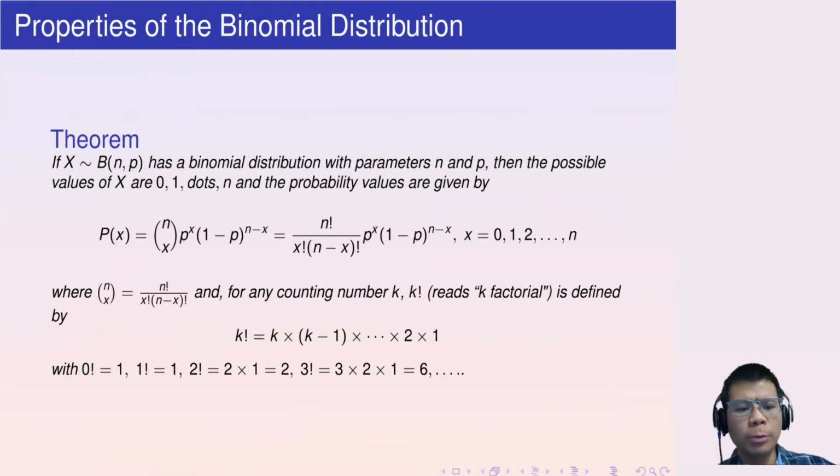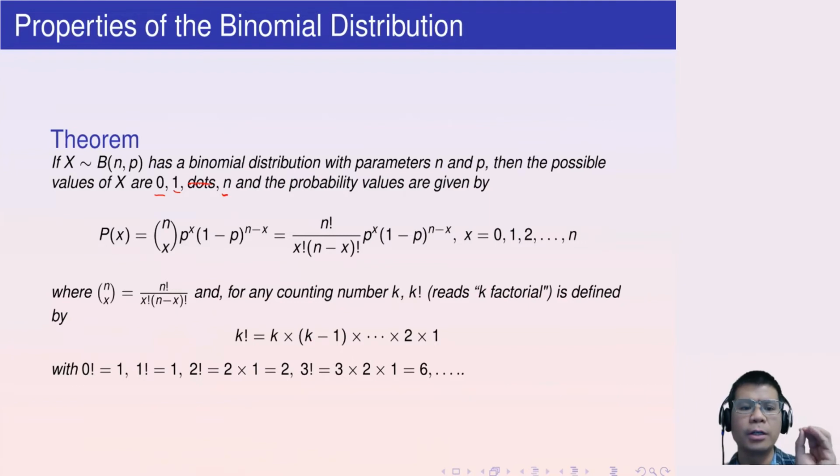Now, for binomial distribution, we have the following theorem for their probability distributions. If X has a binomial distribution with parameters n and p, the possible values of X will be 0, 1, through n. So the number of successes can be 0, right? So all of them are failures.